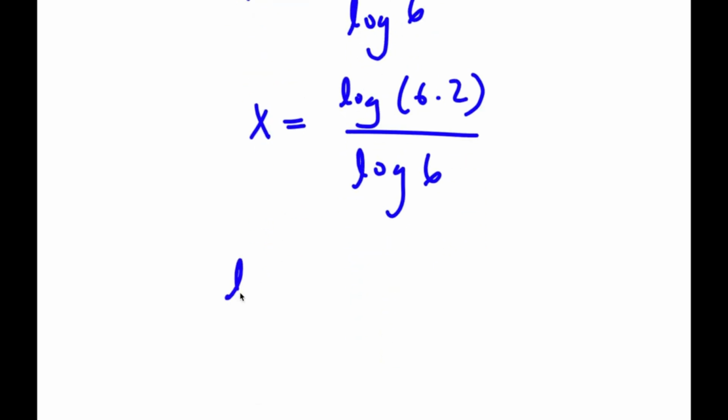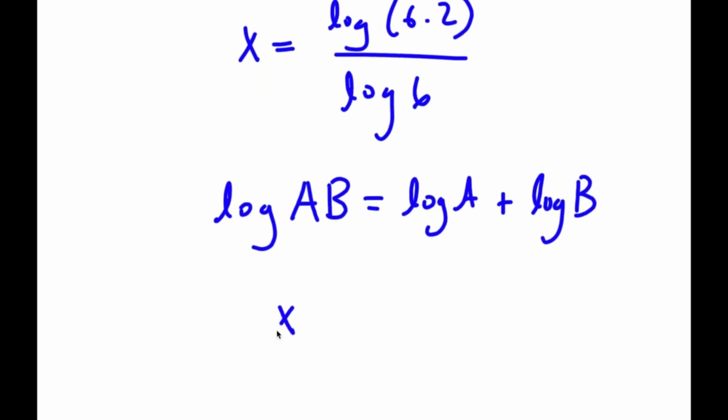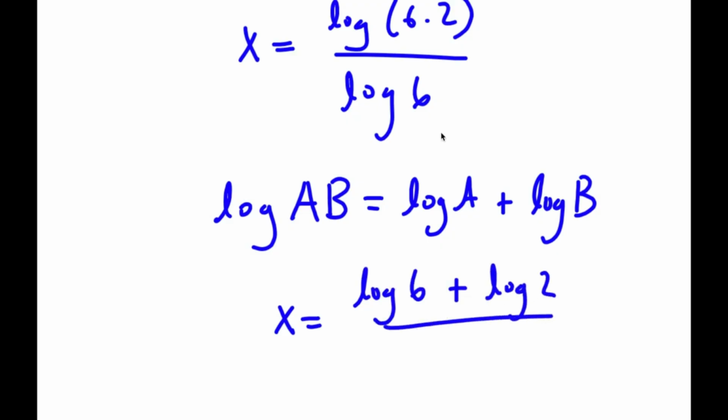And if I have something in the form log a times b, this is equal to log a plus log b. So log 6 times 2 I can write as log 6 plus log 2. Now I have this over log 6.